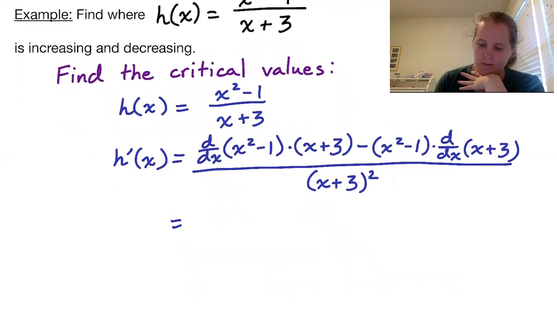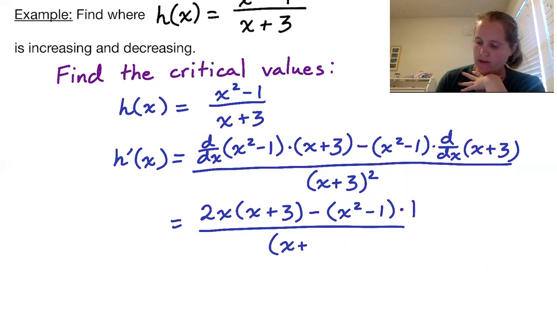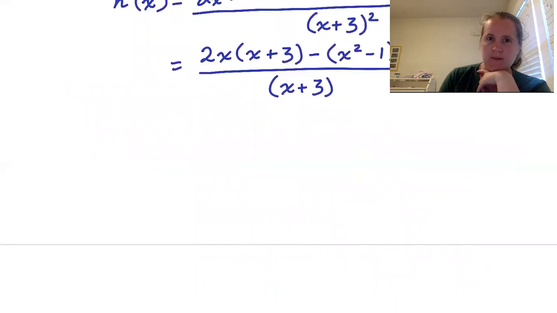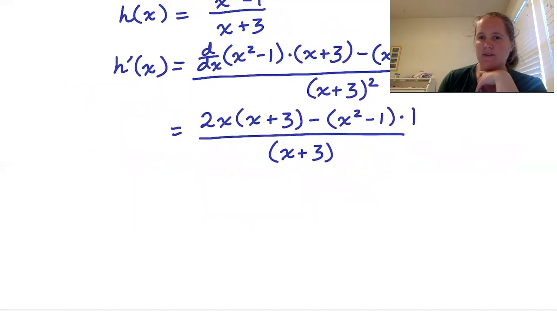So this becomes 2x times x plus 3 minus x squared minus 1 times 1 all over x plus 3 squared. I do highly recommend simplifying that numerator because to find where the derivative is equal to 0, you're going to want to have that simplified anyways.